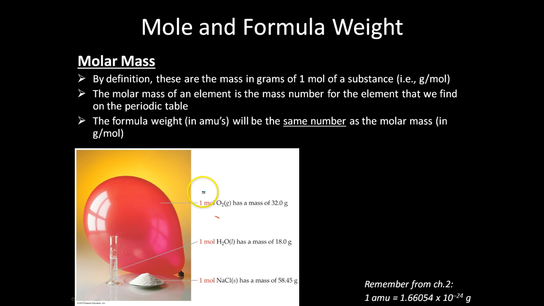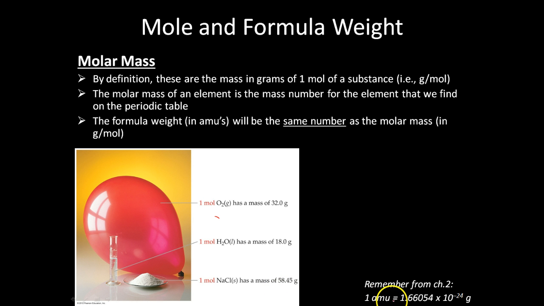Now, if we had 1 molecule of oxygen, we would only have 32.0 AMUs of oxygen. We only have one oxygen molecule, so that only weighs 32 AMU. 1 molecule of water would weigh 18.0 AMU, and 1 molecule, well, it would be a formula unit, of sodium chloride would be 58.45 AMU.